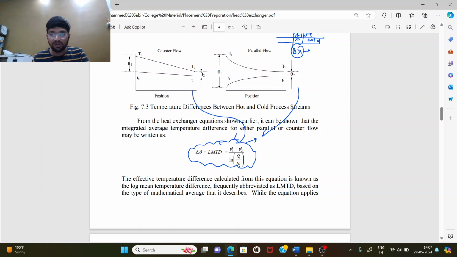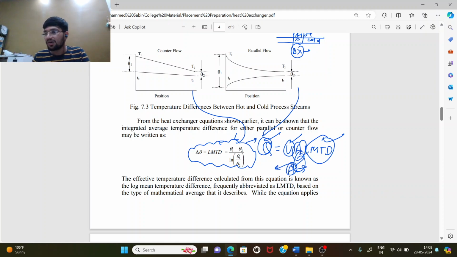We have to design this heat exchanger for a particular heat transfer, Q equals U A LMTD. We know Q, U and the LMTD, and on that basis we can find the surface area of the tube. This is what we have to calculate as an engineer.